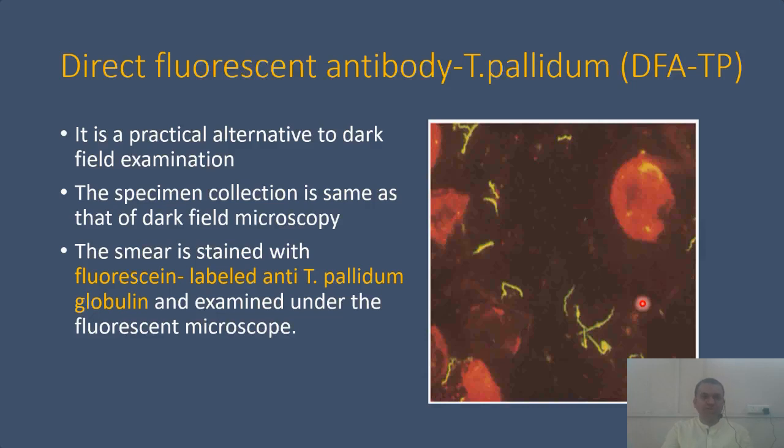The next, more sensitive test is the direct fluorescent antibody testing of Treponema pallidum. Here the sample collection is similar, only the smear has to be stained with fluorescein-labeled anti-Treponema pallidum globulin. So the antibody against that treponemal antigen is coated with fluorescein, so that it fluoresces under the fluorescent microscope.